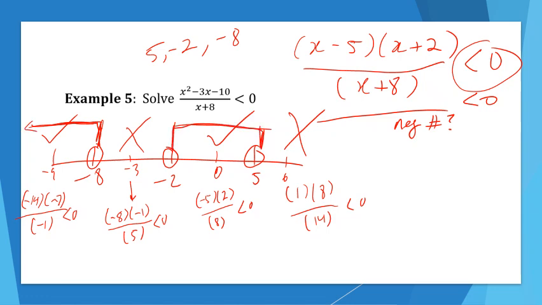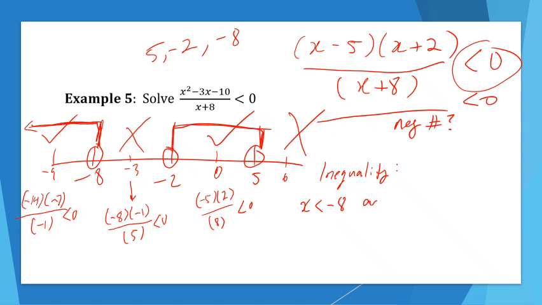Right? And now just converting from the sign chart into inequality or interval notation. In inequality notation, this is going to be anytime x is less than -8. Whoops, I accidentally put -infinity. This should be -8.